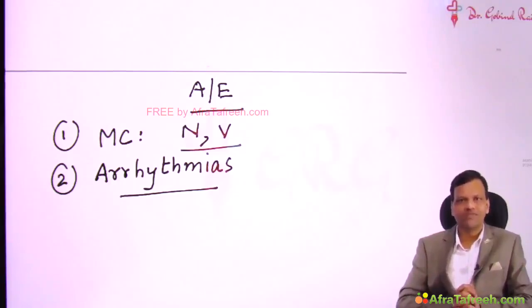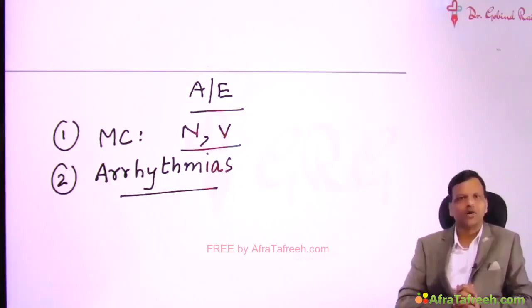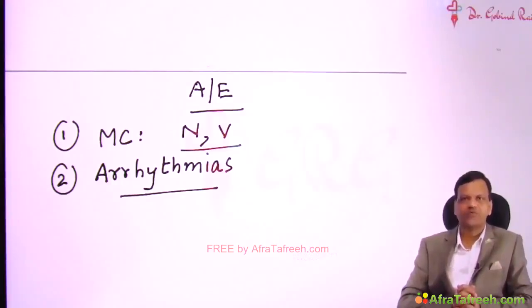So the vagomimetic effect will inhibit the heart. So digoxin is doing two things. One, it is stimulating the heart by increasing calcium. Second, it is inhibiting the heart by the vagomimetic effect. So when we give digoxin, the heart gets confused what to do. In this confusion, the heart will start doing its own work. That means it can undergo arrhythmias. So any type of arrhythmia can occur, tachyarrhythmias as well as bradyarrhythmias, depending upon which is more.